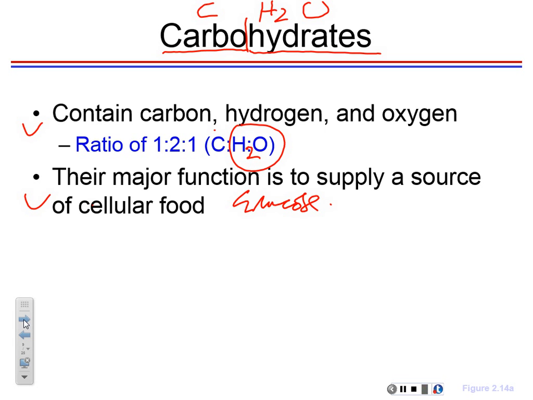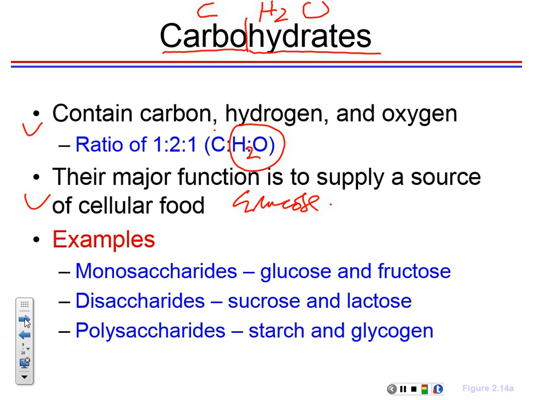Okay? All right, so that's a major source of cellular food because of the glucose. We've got the monosaccharides, which are glucose and fructose, and then the disaccharides, like lactose. And I said lactose is made of what and what? It's got a name that sounds just like it.